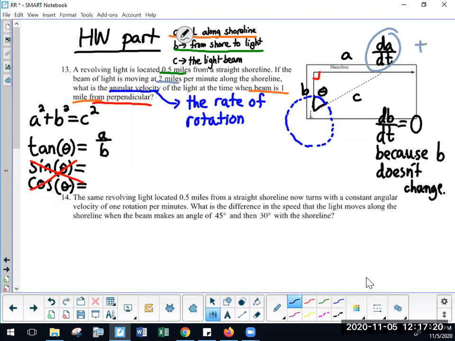All right. So I know which equation I'm using. I'm going to differentiate it with respect to time, and I'm going to get all my stuff and put it in there.